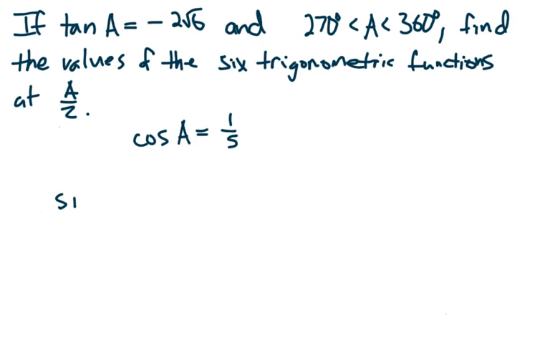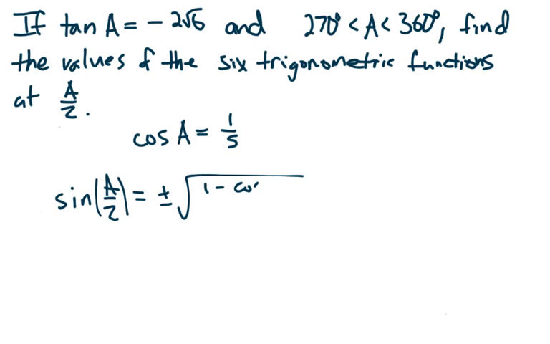So now if I want to find sine of a over 2, I have the half angle formula: the square root of 1 minus cosine of a over 2. I know what this is, but I still need to figure out whether this should be the plus or minus, whether this is the positive or negative square root of all this stuff.